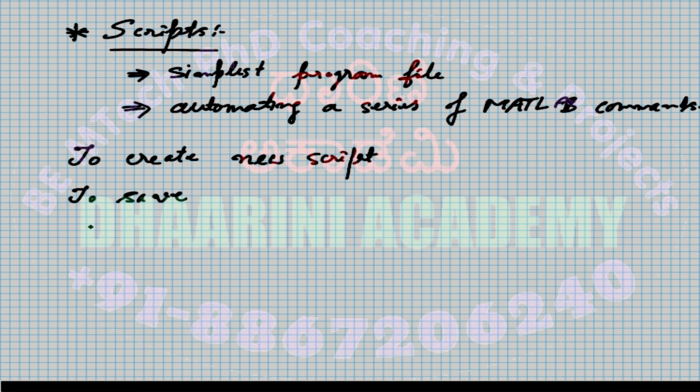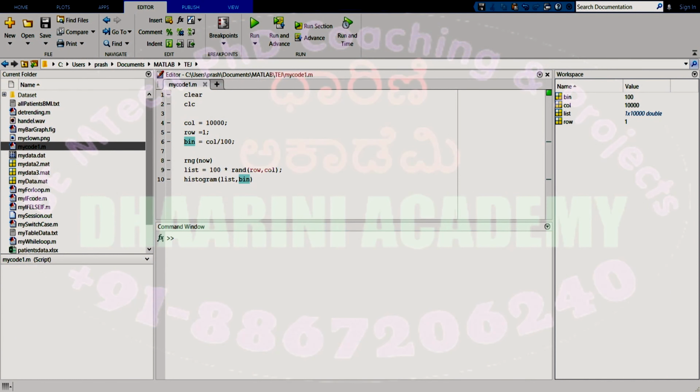The second option was to save, and the third option was to run. So these are the options we saw so far: how to create a script, save a script, and run the script. And now we'll go for how to add the comments. Let's look at the comments section related to that.